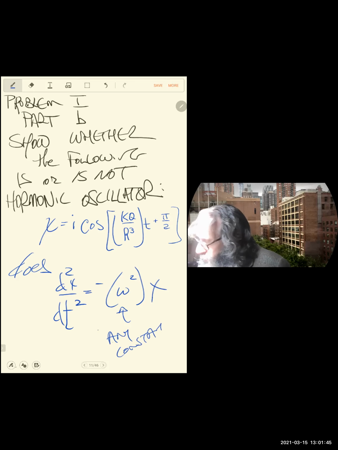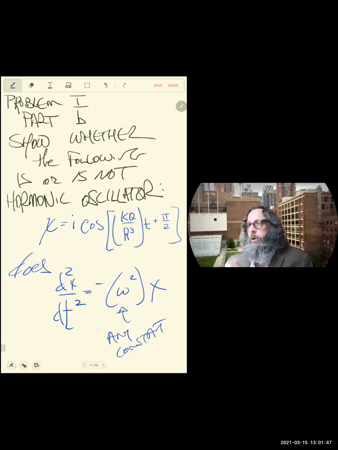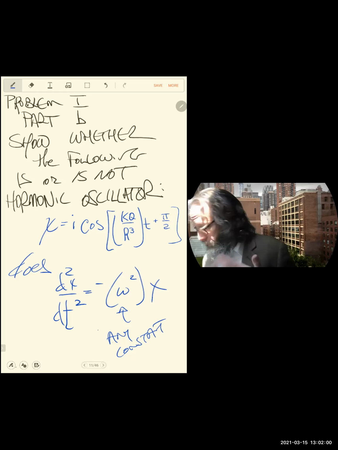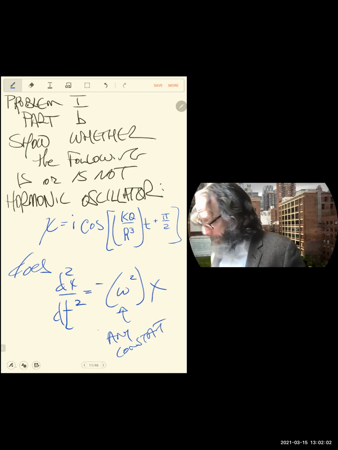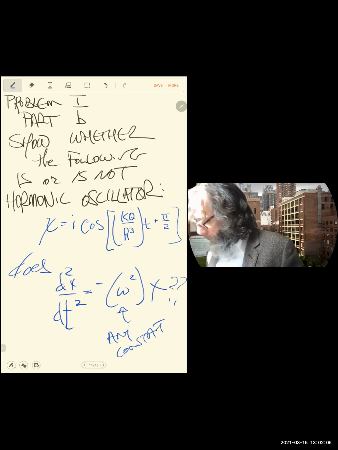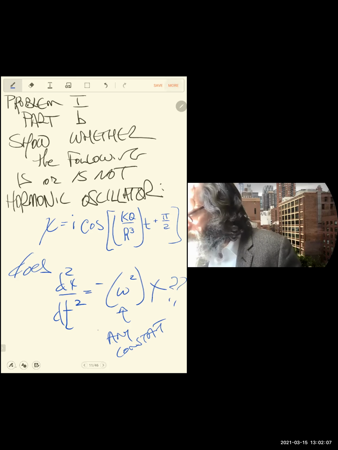Omega squared could be any group of KQ over R cubed. It could be the square root of them or squared. It could be whatever we want it to be, right? Whereas in problem 1, it was specified to be KQ over R cubed. Okay, so bearing that in mind, I'm going to take derivatives, maybe quickly.